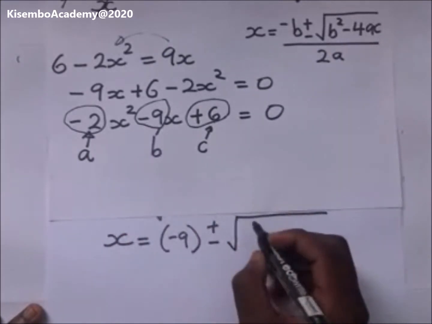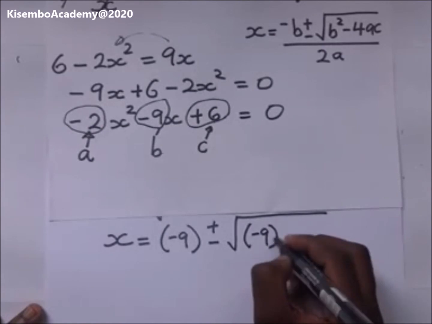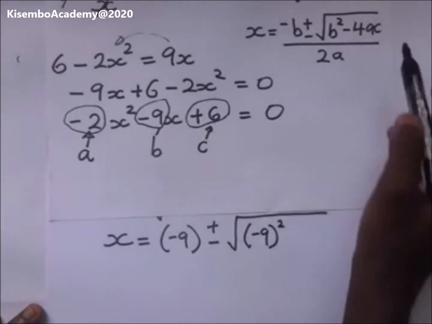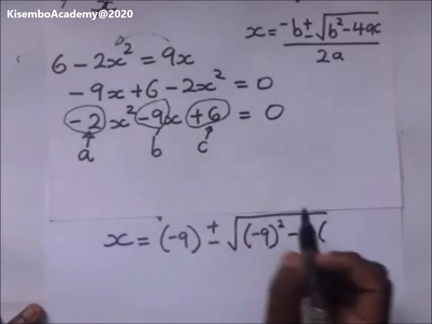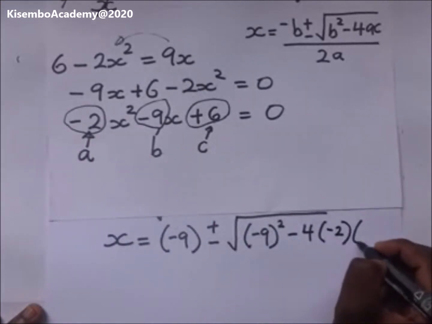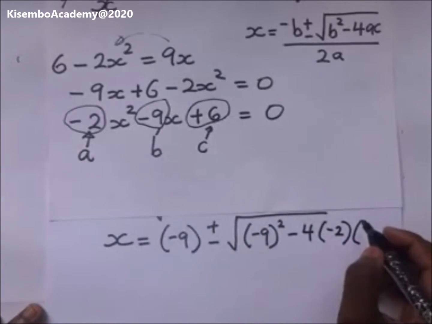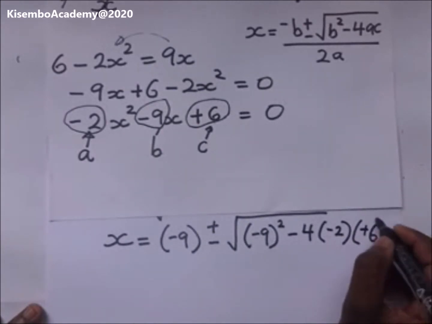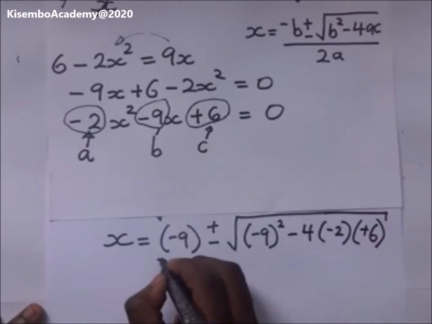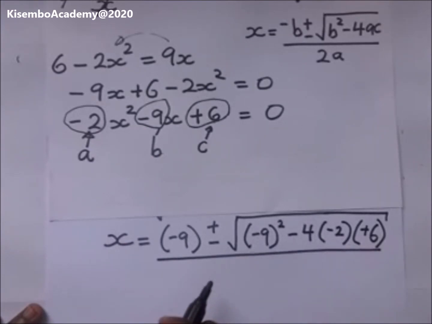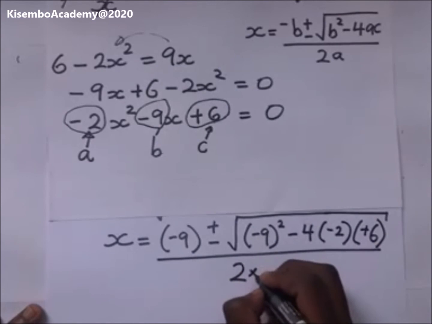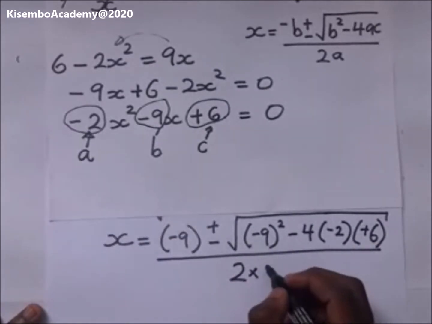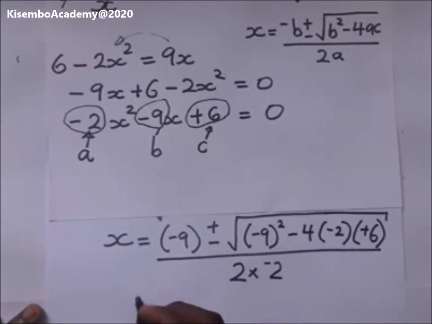B squared is negative 9 squared, so it's going to be negative 9 squared minus 4ac, minus 4 times our value of a, which is negative 2, times our value of c, which is positive 6. Divide all this by 2a, which is 2 times our value of a, which is negative 2. And the rest is just arithmetic.